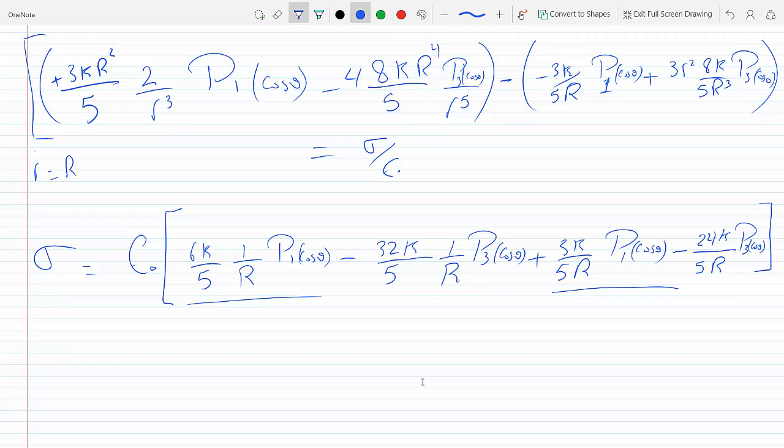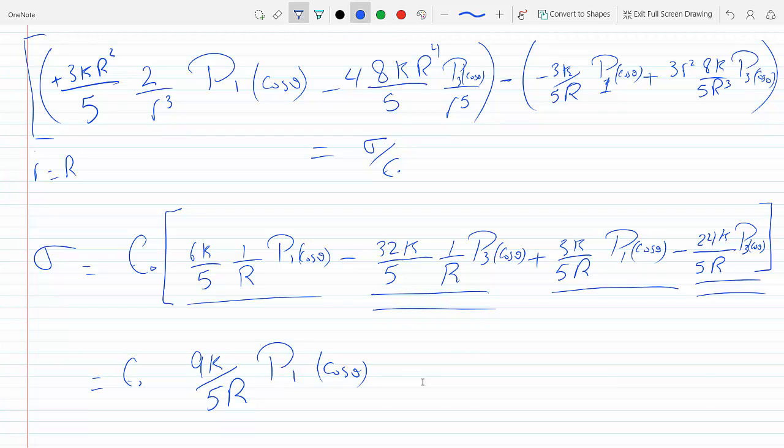Yeah, 9k. So epsilon 9k over 5r P1 cosine, and then these two are the same. So what's that? Minus 32 plus 24. What's that? 56 minus 56.